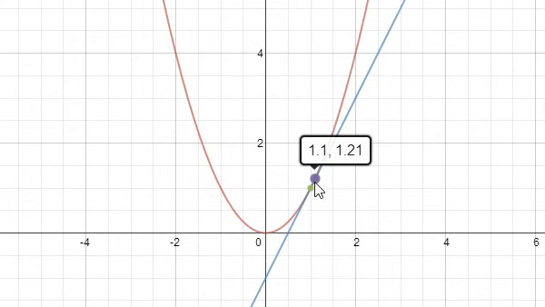Now let's look at the point on the tangent line, which you can't really tell because it looks like they're overlapping. This is an actual point on the tangent line here, and that's 1.2.